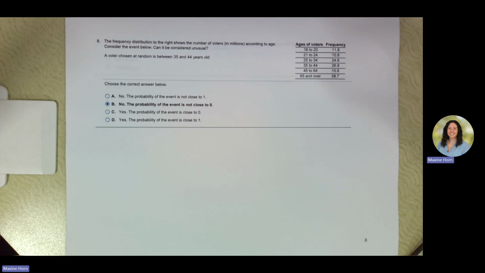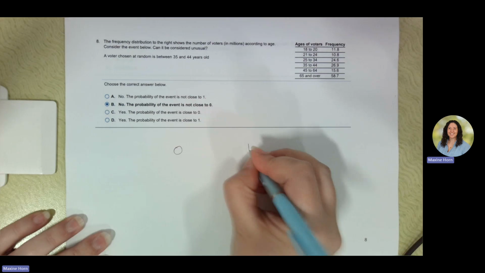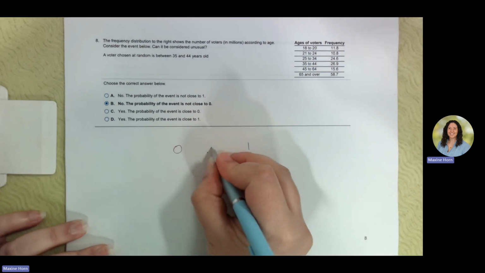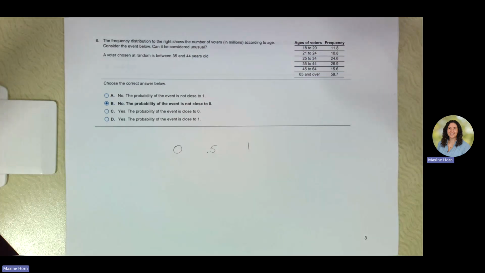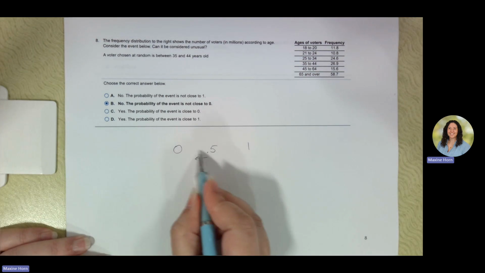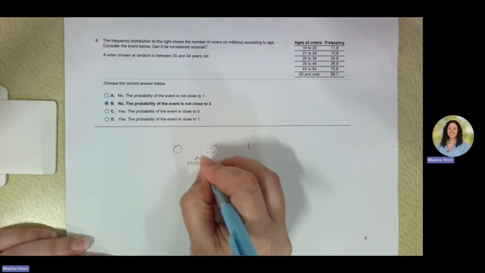So first of all, let's talk about things being usual or unusual. We talked already about how we go from 0 to 1 with probabilities, so right in the middle would be 0.5, a 50% chance. The closer you get to 0, the more unusual something is.